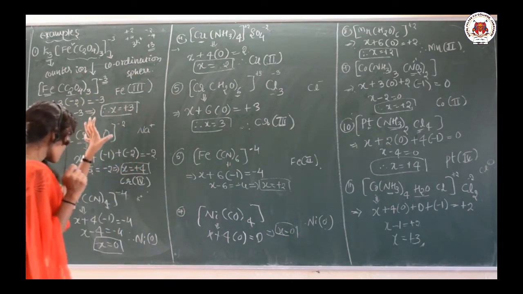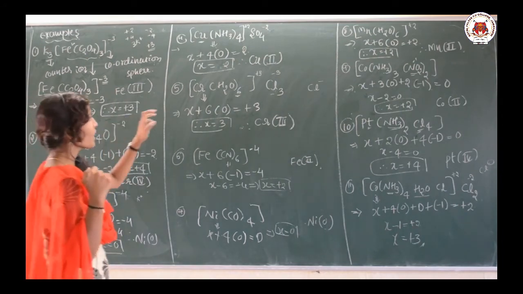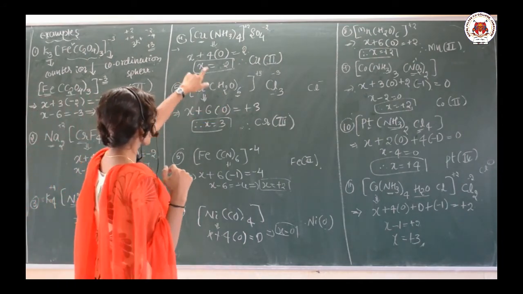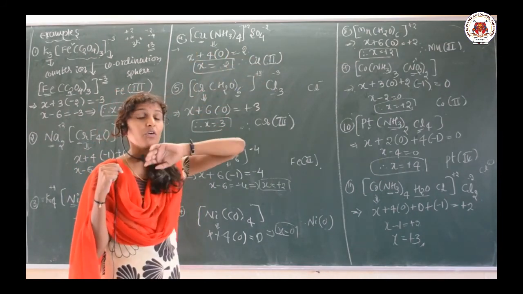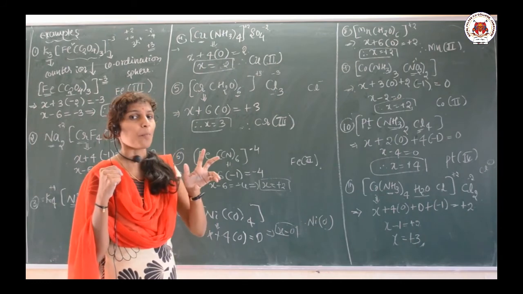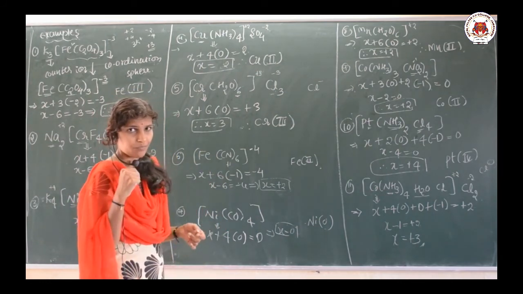And in whatever examples I have shown here, where the coordination sphere or the complex ion carries the minus charge, these are the negatively charged complexes. And here, if the coordination sphere carries the plus charge, these are the positively charged or cationic complexes, and such types of complexes are neutral.